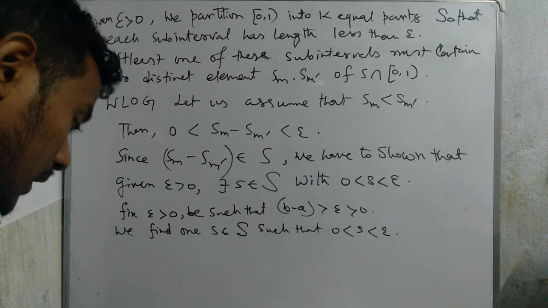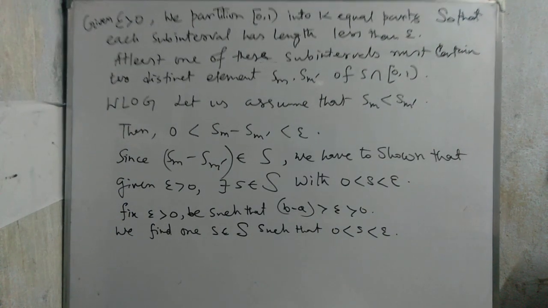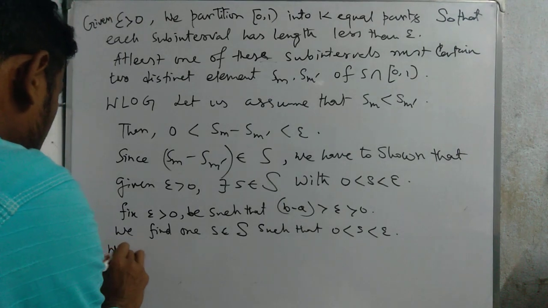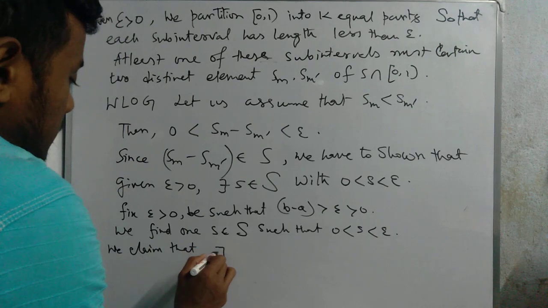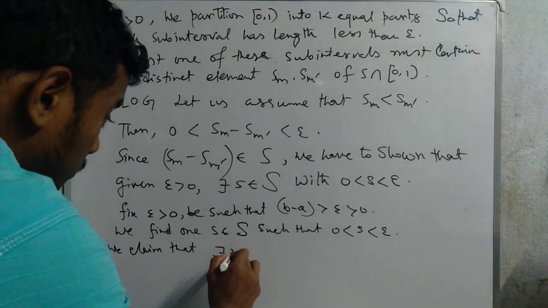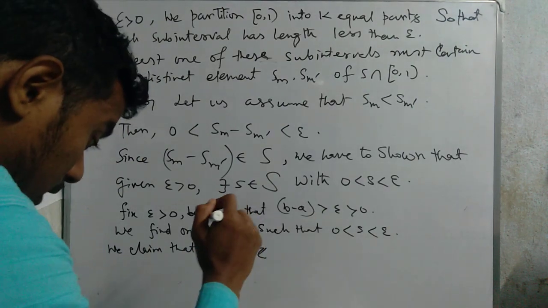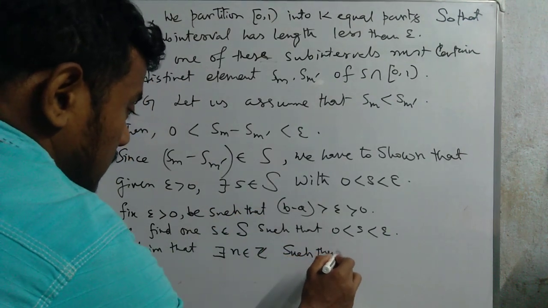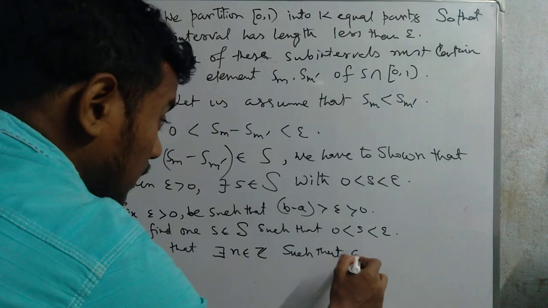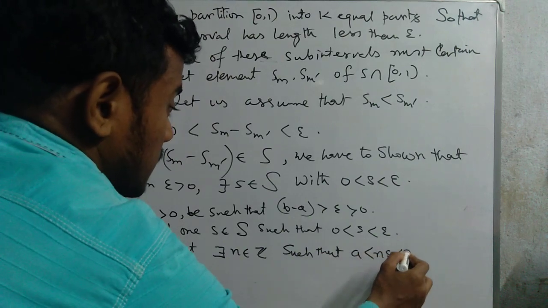Now we claim that there exists n belonging to Z such that a is less than ns, which is less than b.